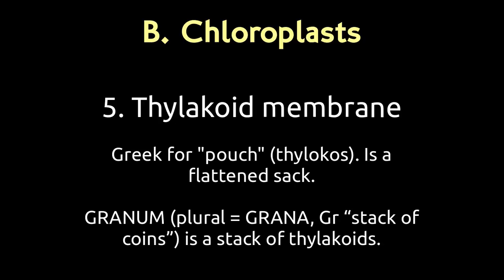A group of thylakoids is known as a granum. You know, as grana, plural, they are all grana. And they organize themselves into stacks, and those stacks are known as the granum.